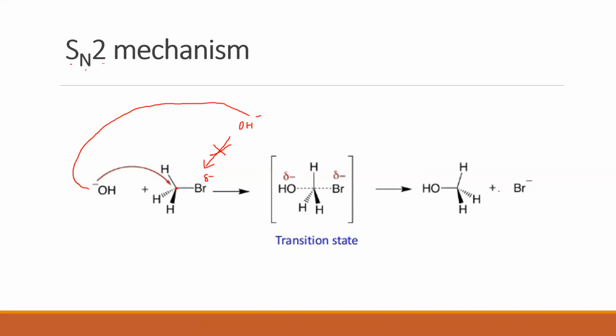Before giving the final product, there is a transition state that is formed. The moment the nucleophile attacks the carbon, a state called the transition state is formed. Now, what do you mean by the transition state? The transition state is mentioned here. I want you to just observe the transition state for a moment.